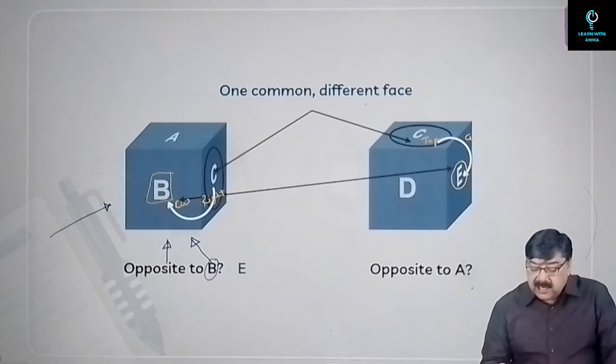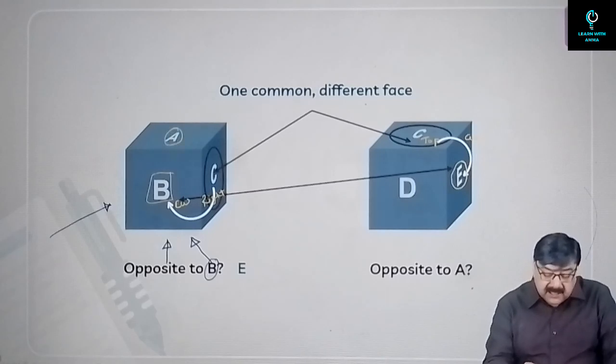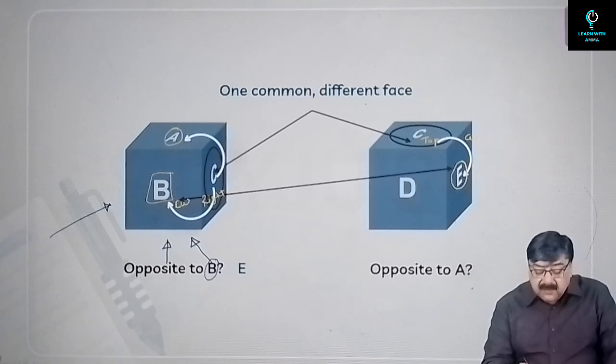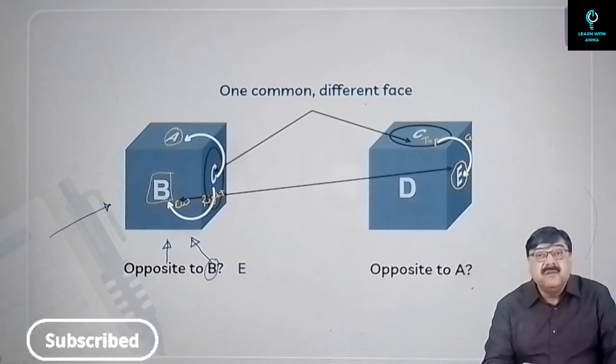And if at all you are asked which letter is opposite to A, then we will again go to that diagram which consists of letter A, and that is this diagram on the left hand side. And then from the common character, we will see what is the movement of the top face from the right face, or in which direction is top face from the right face.